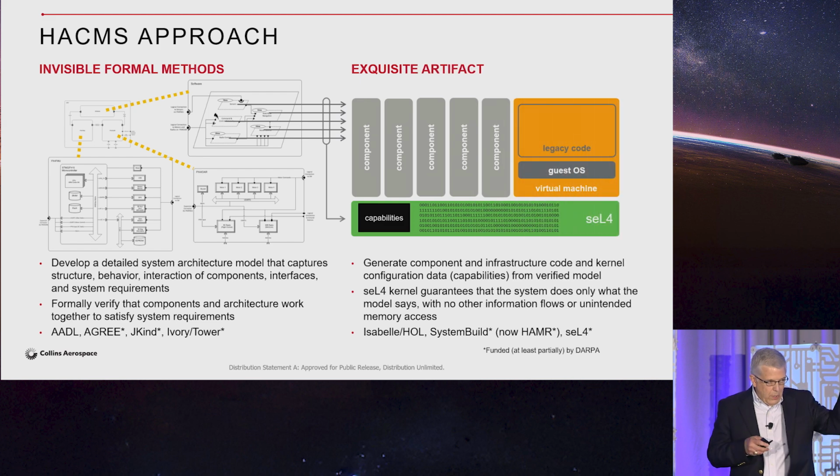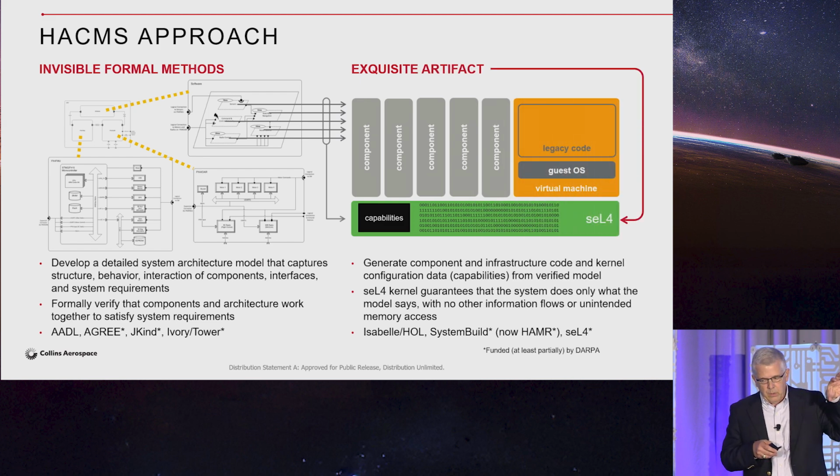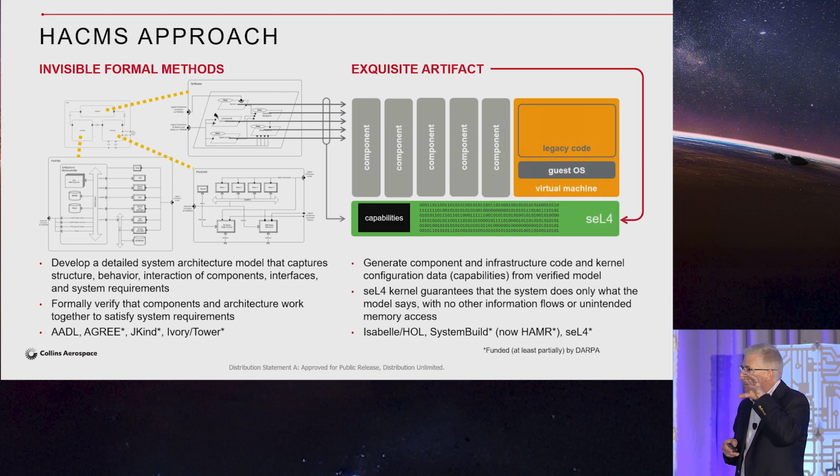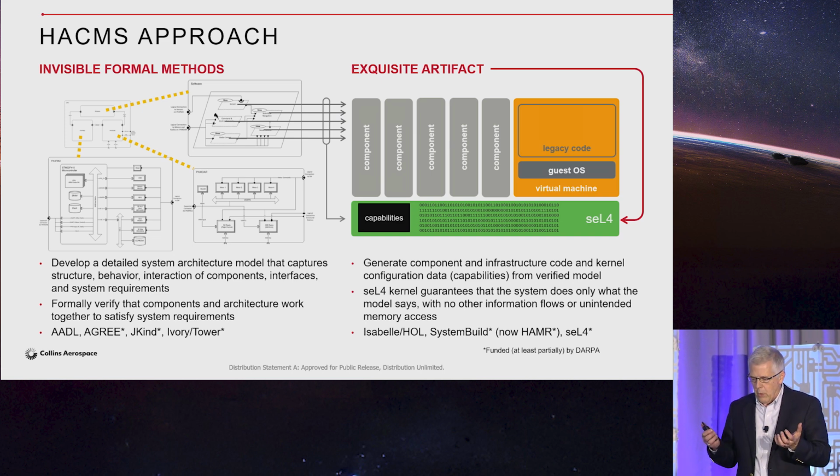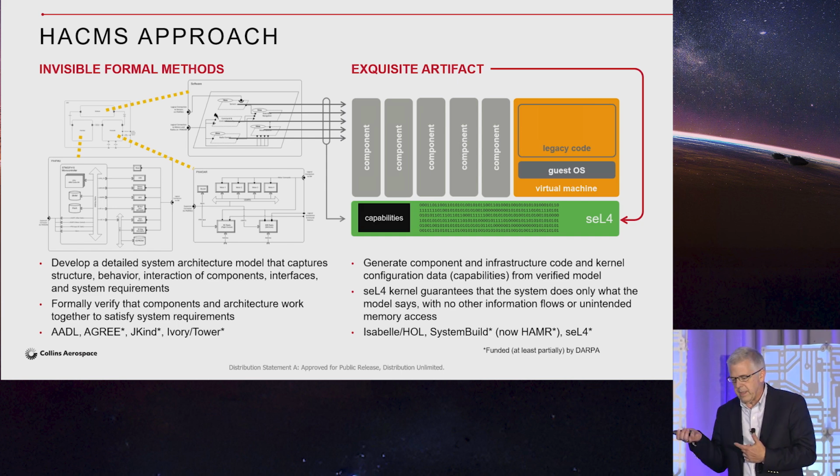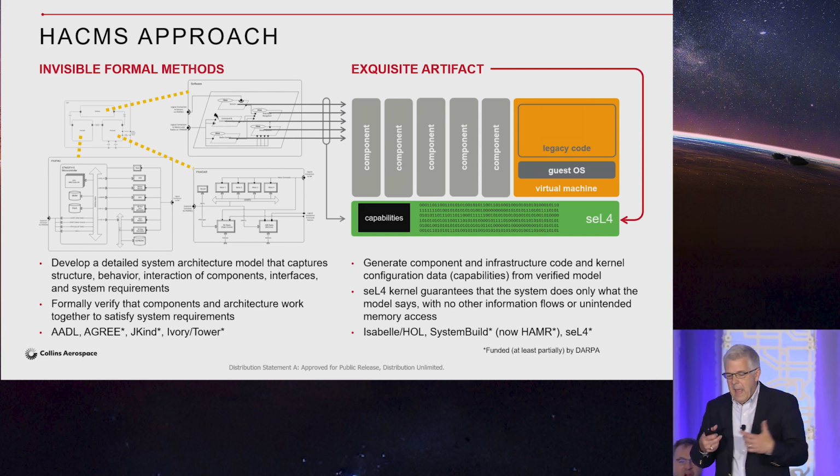And then we took information from those models and used that to generate component and infrastructure code and kernel configuration data, the capabilities for configuring the kernel, to configure the SEL4 separation kernel that Howie mentioned.